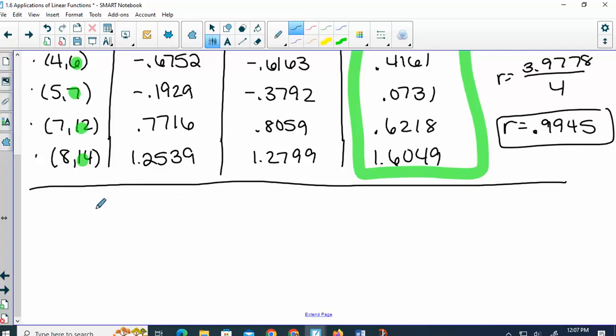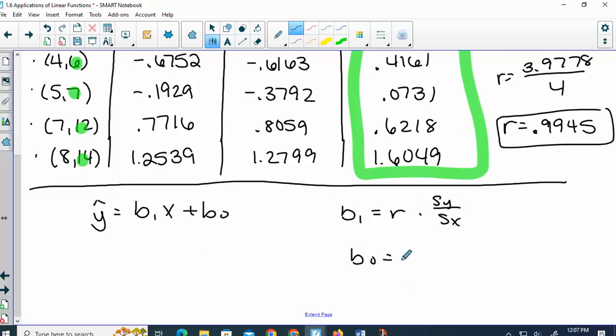It says the least squares regression line is y hat equals b sub 1 x plus b sub 0. And it tells us b sub 1 is r times standard deviation y divided by standard deviation in x. And b sub 0 is y bar minus b sub 1 x bar. So all of this is given to us. We just have to use it.